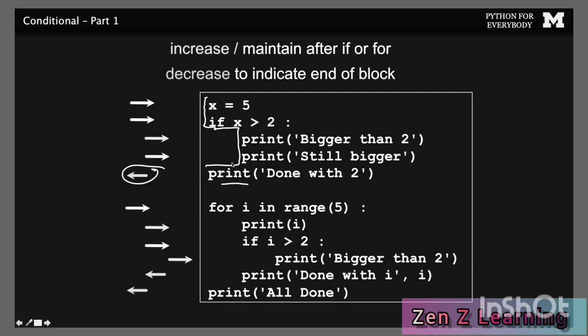The fact that this print is out means it's not part of this if block. These two statements are part of the conditional code. The print really is the thing after the if, right? And so this is going to run no matter what. These two may or may not run. In this case, because it's true, they are going to run and come back out. So this is conditional code.